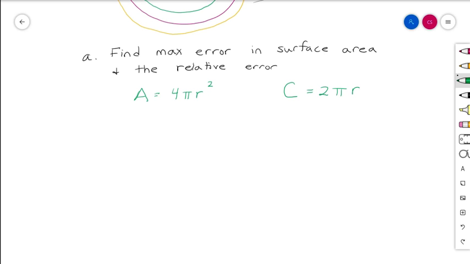It's 2 pi r. So since we have a circumference, instead of getting surface area in terms of the radius, let's solve for r by dividing both sides by 2 pi. And then plugging it in for r right there. And then we have our surface area as a function of circumference.